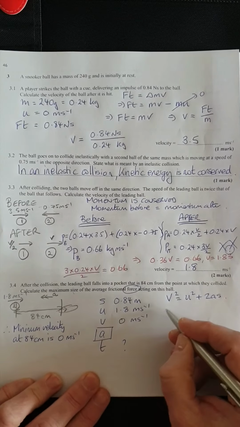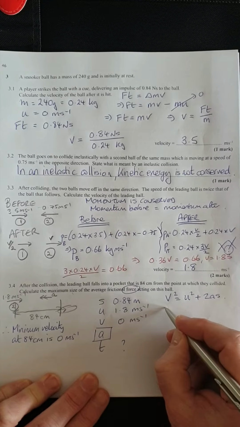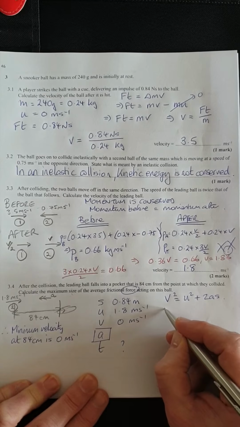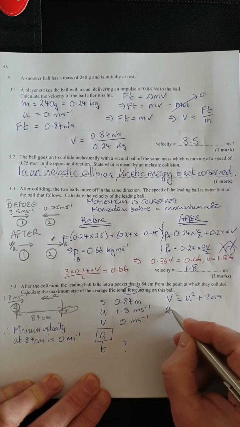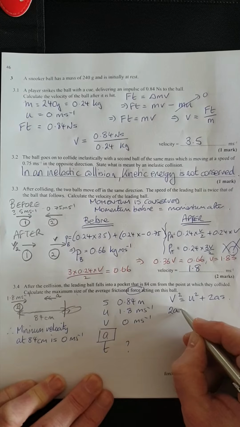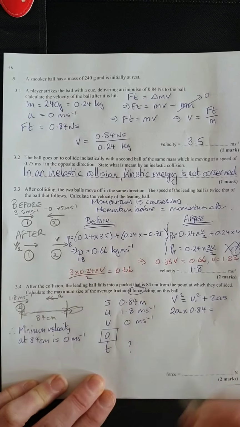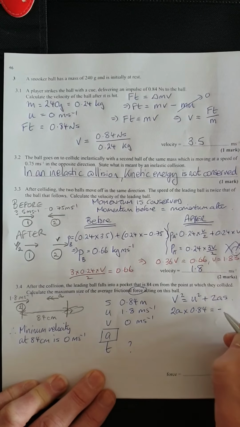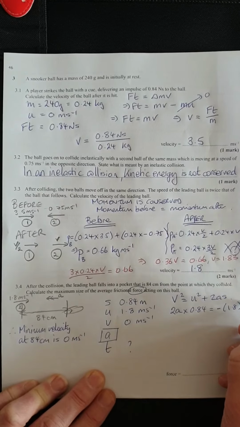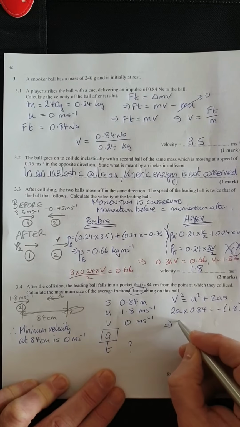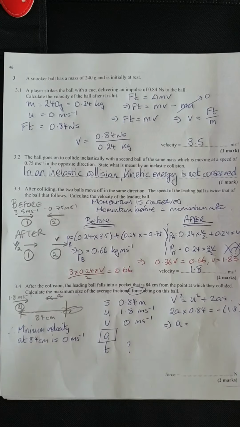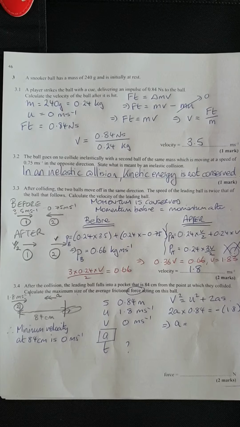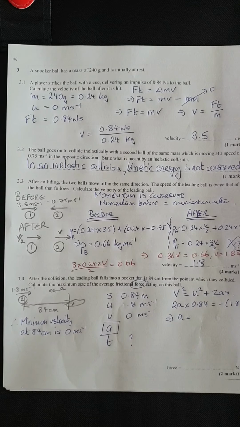So that gives me, putting in the numbers, that 2 multiplied by a multiplied by 0.84 is equal to minus the u number squared. So that gives me the value for a is equal to 1.8 squared divided by 2 divided by 0.84.